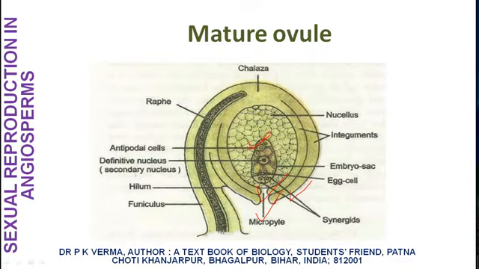These are helpful in the process of fertilization. In the center, the 2 polar nuclei or the central nuclei become fused together to form the secondary nucleus, and it is also known as primary endosperm nucleus, PEN.